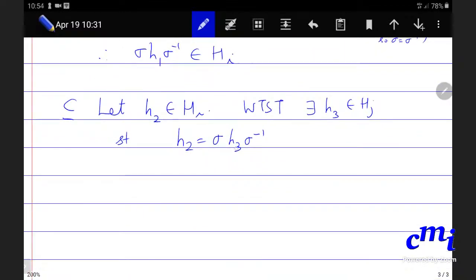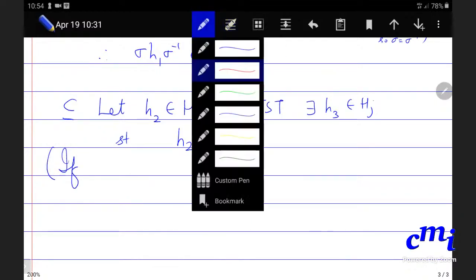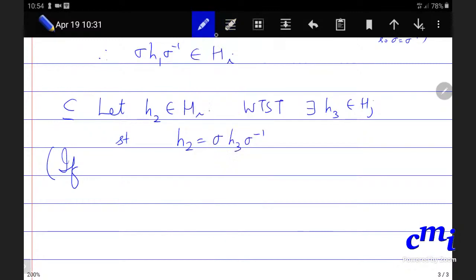If this has to hold, we are going to work backwards. Just as an aside, maybe I should put it in a different color, maybe green. Okay. So working backwards through the proof, if this has to hold, there is only one choice for H3.